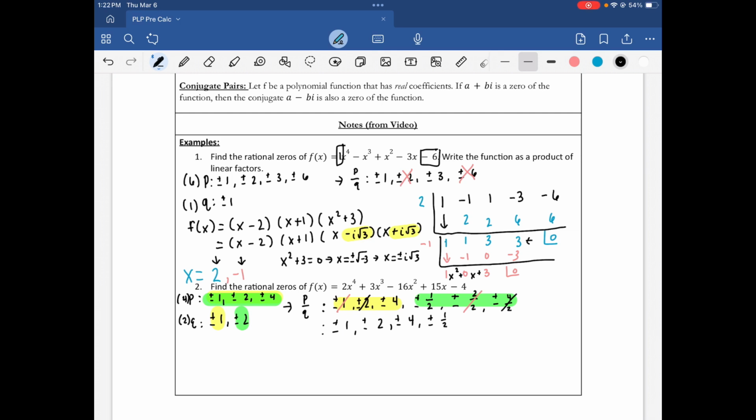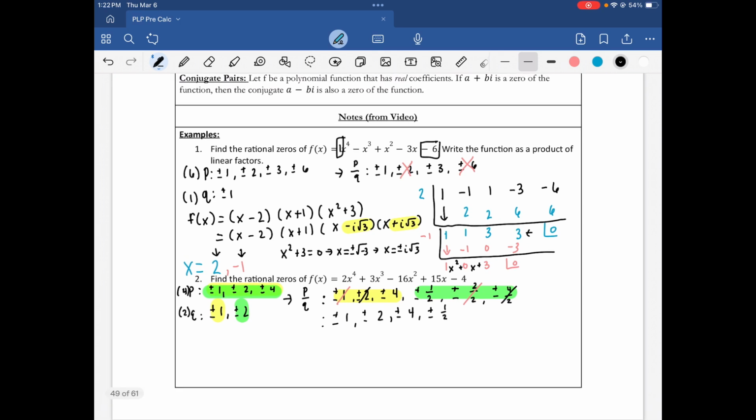All right, so now we're going to continue on and find those zeros using synthetic division. So I'm going to set up my synthetic division. I've got my coefficients 2, 3, negative 16, 15, and negative 4. I'm going to pick a value to start with. I'm going to start with a 1.